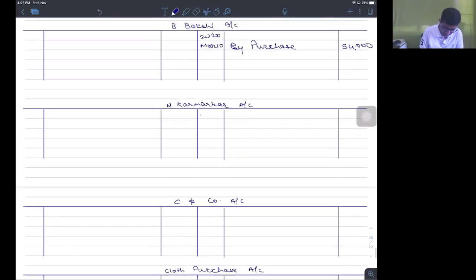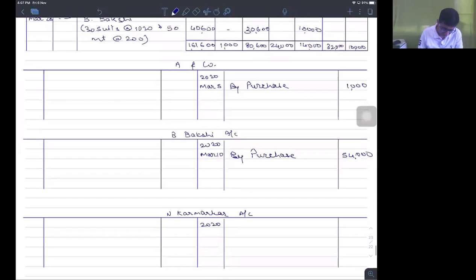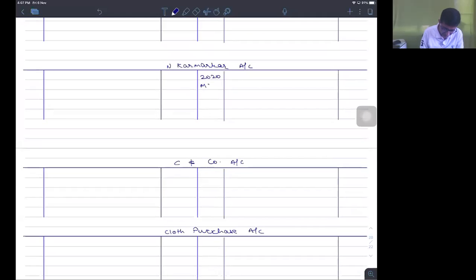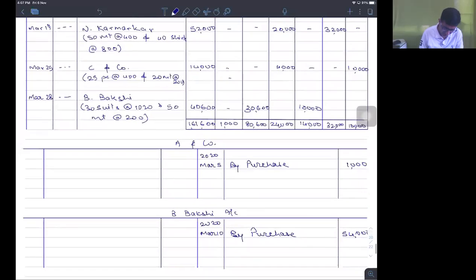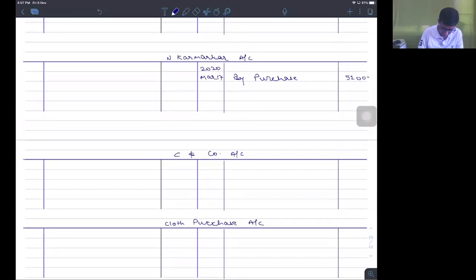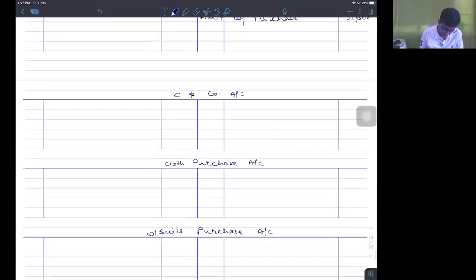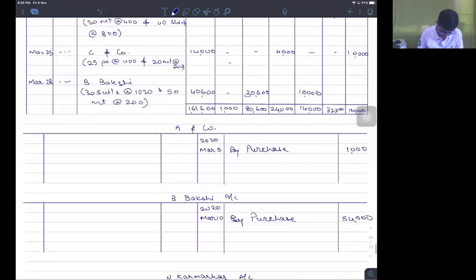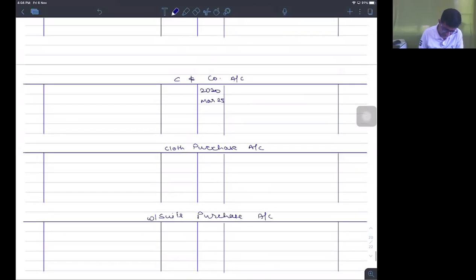N Karmarkar account credit side, 2020 March 17, by purchase, how much? 52,000. Then C and Company account credit side, 2020 March 25, I think. Yes. By purchases 14,000.